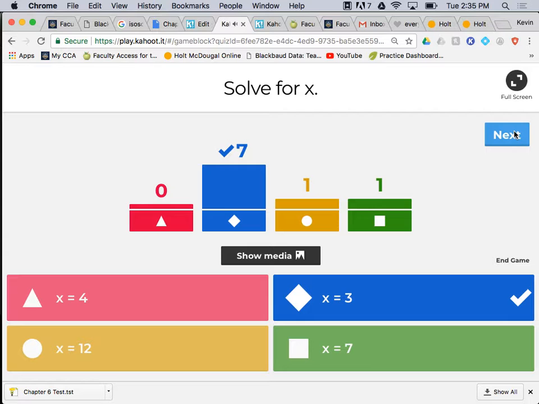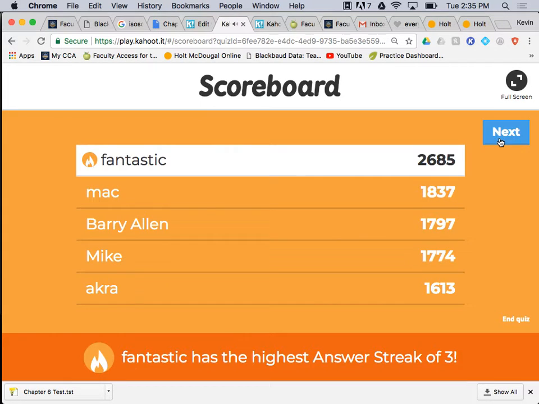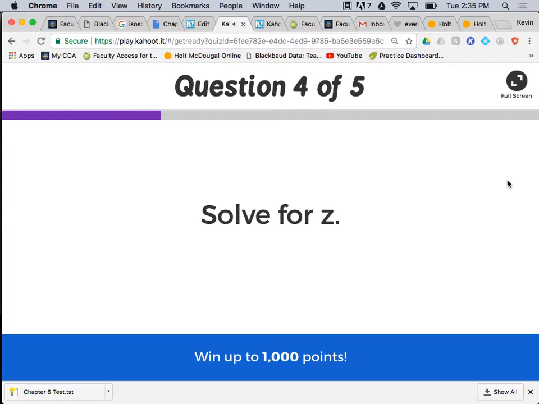Good job, class. It was 3. You set them equal and solve for X. Now solve for Z.